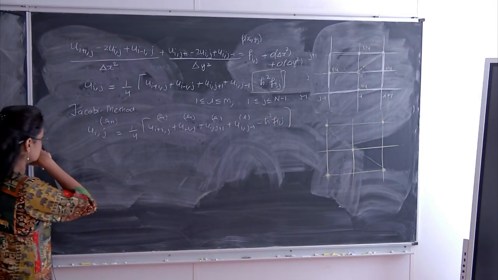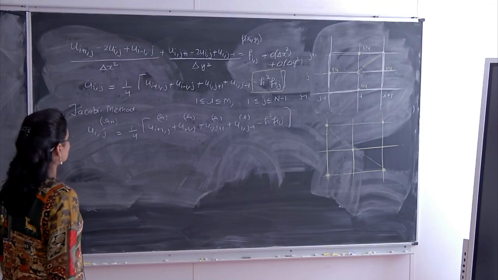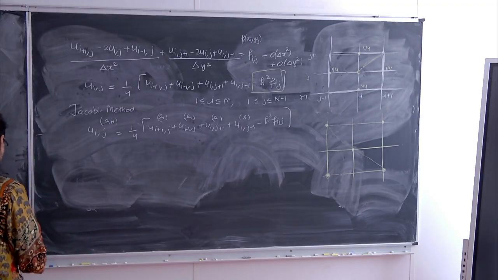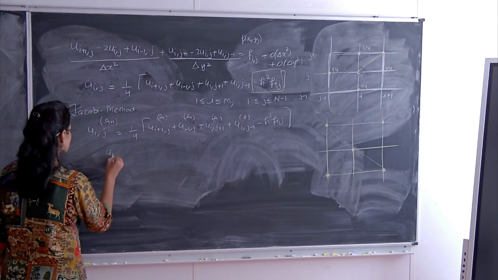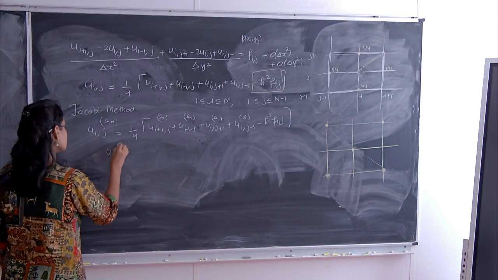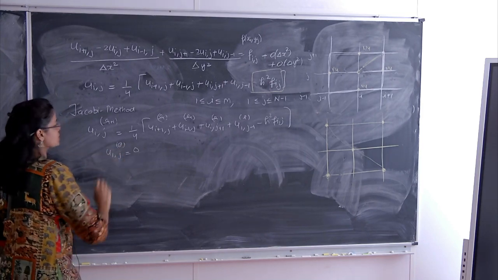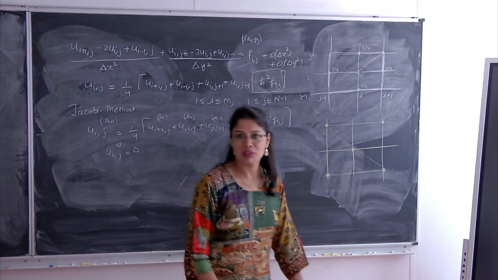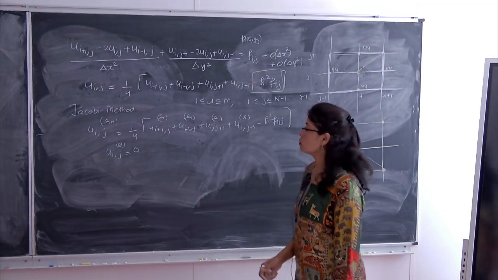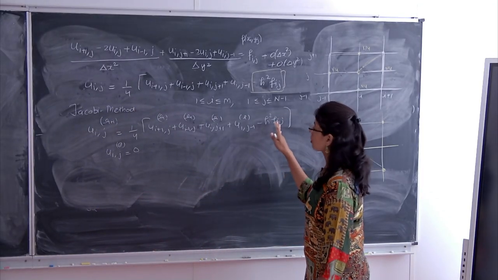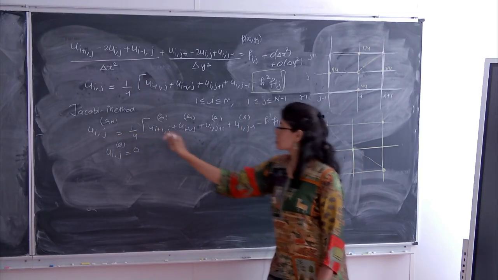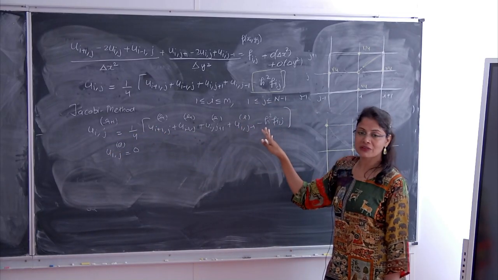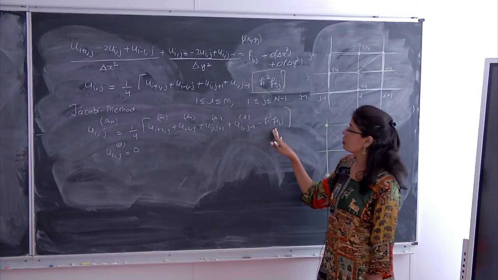Okay. For simplification, you can also take all the u_ij at the 0 iteration as 0 and start from there. There is no problem in that. If you start with 0, then this will be 0, so u_ij at the first iteration will depend totally on your value of h and your right hand side function.